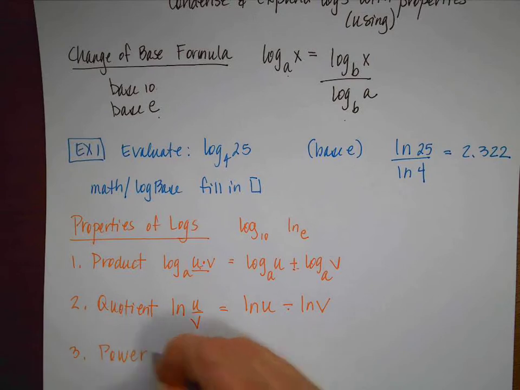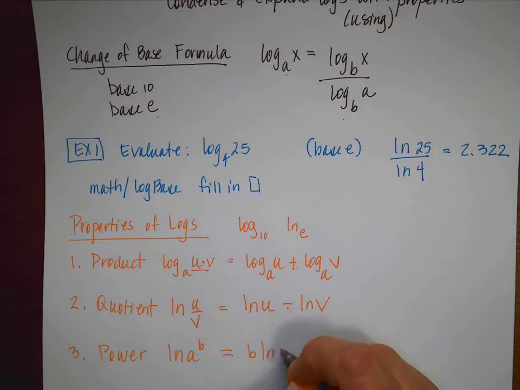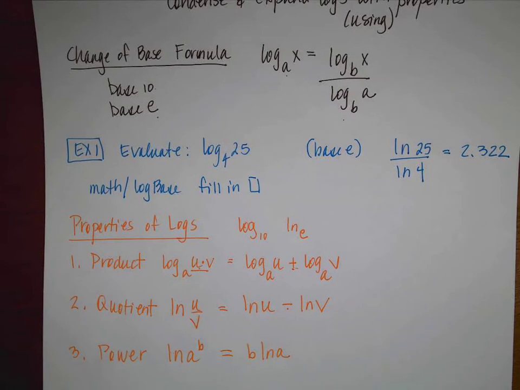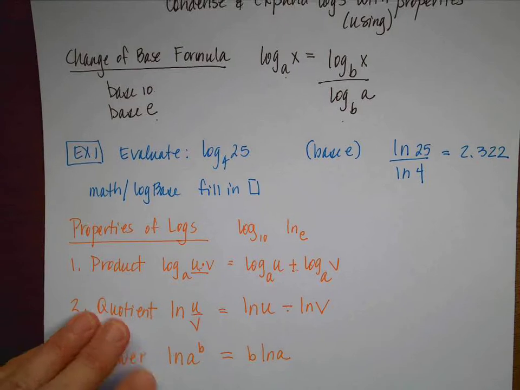And then the power rule says that the natural log of a raised to the b is b times the natural log of a. That's not a 6, I know it looks like it in my handwriting, but the exponent comes out front. These particular properties make solving log equations much simpler.